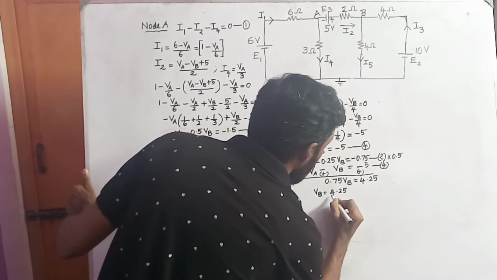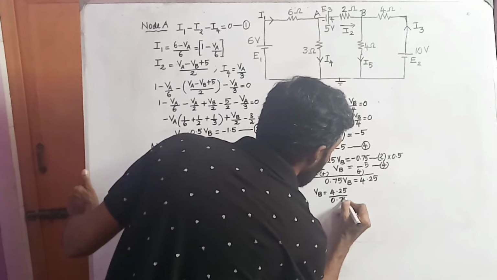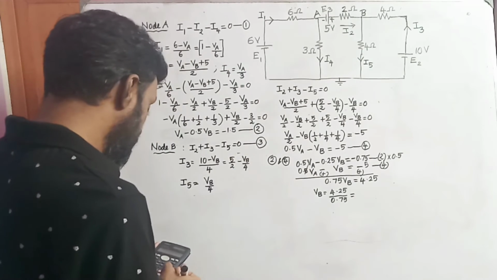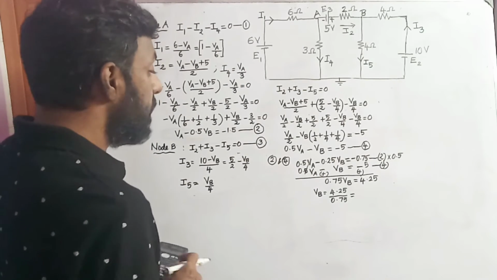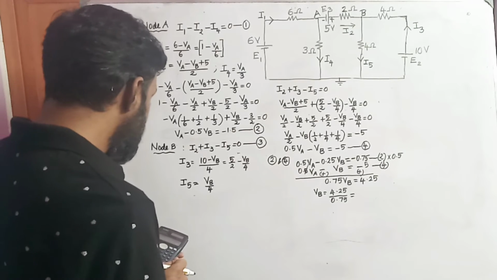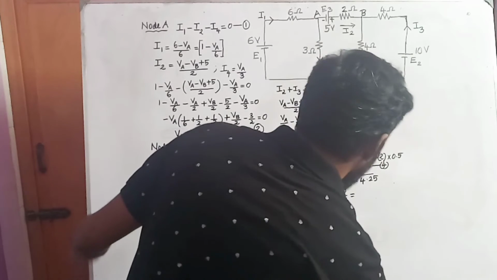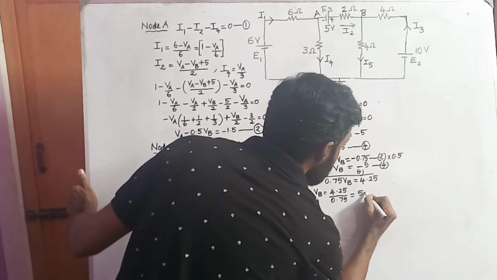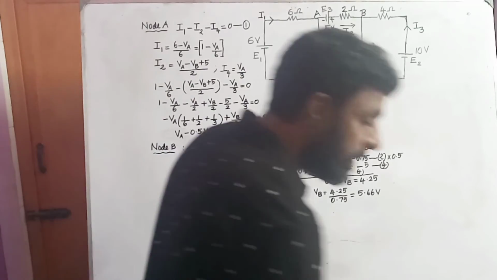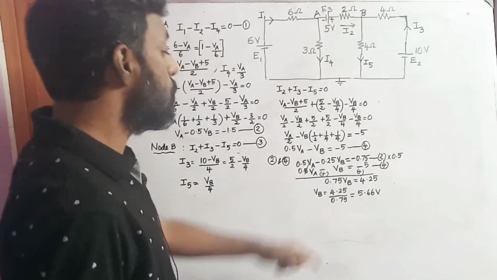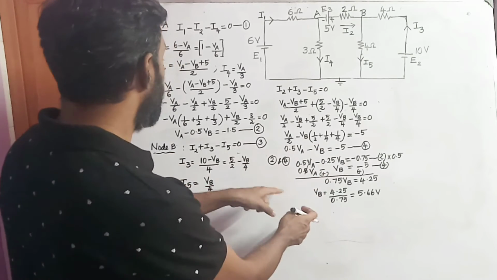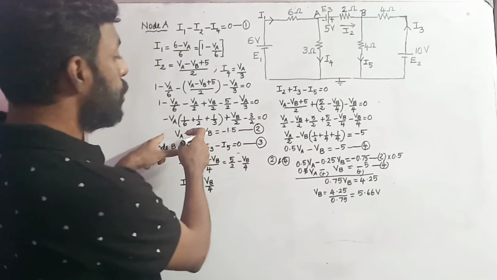Therefore, VB equals 4.25 divided by 0.75, which is 5.66 volts. The value of VB is 5.66 volts. Now I'm going to substitute this in equation number 2.